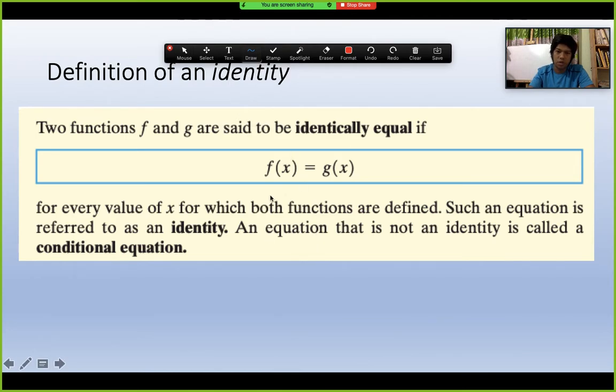This is about trigonometric. So say you have (a plus b) whole square equals a square plus twice ab plus b square.